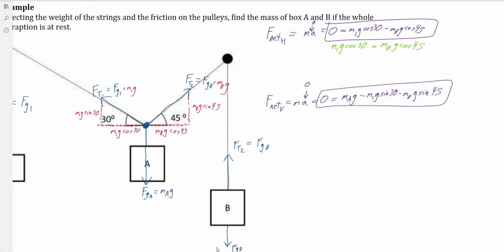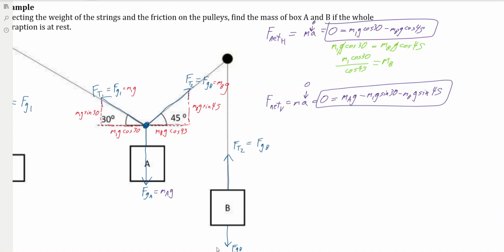Well, in this case, it's pretty easy because the mass B is by itself, and there's a G on both sides, so the G's cancel. Now let's divide by cos 45. So we're going to have MB on this side, and then M1 cos 30 over cos 45 over here.